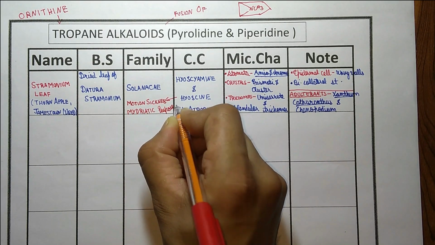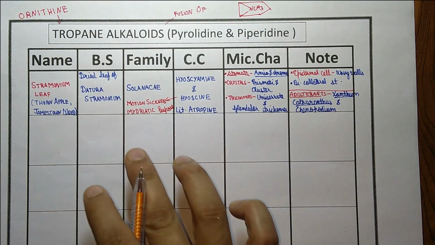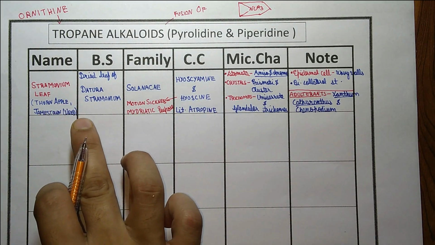So hyoscine has use in motion sickness and mydriatic purpose. So that's all about stramonium leaf.